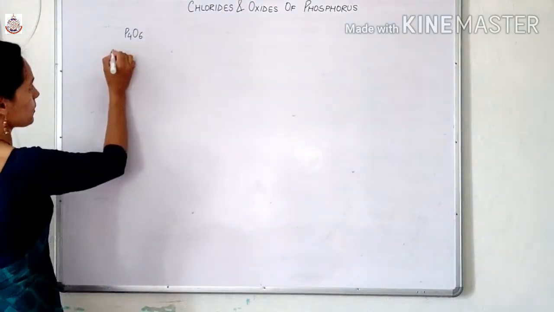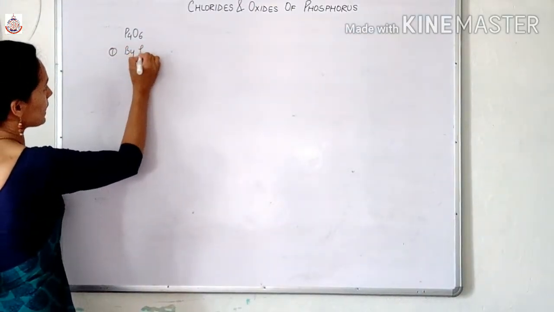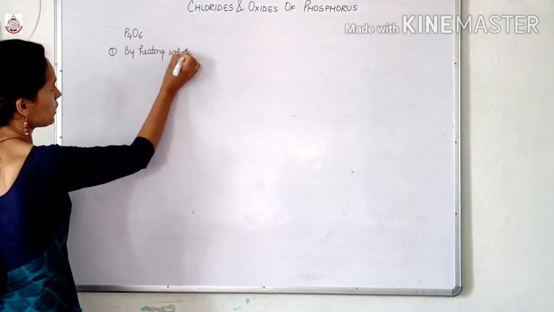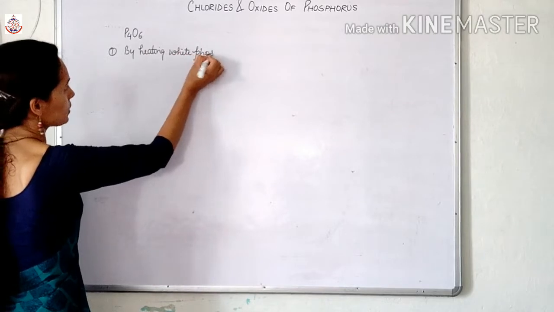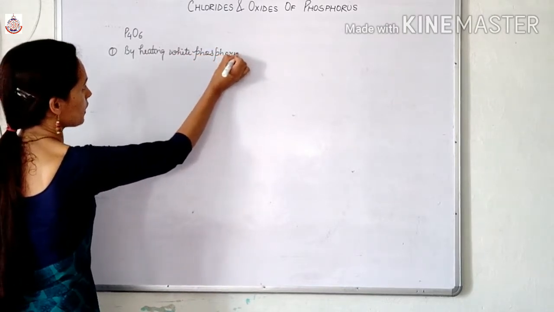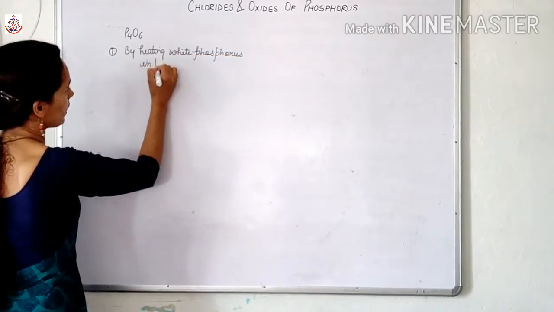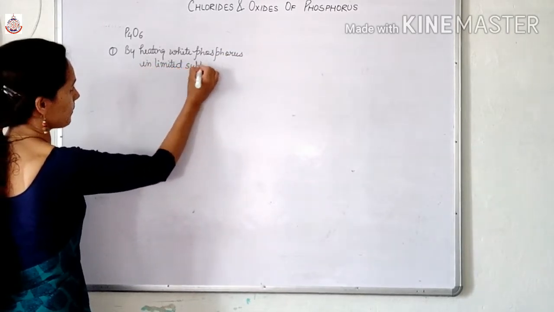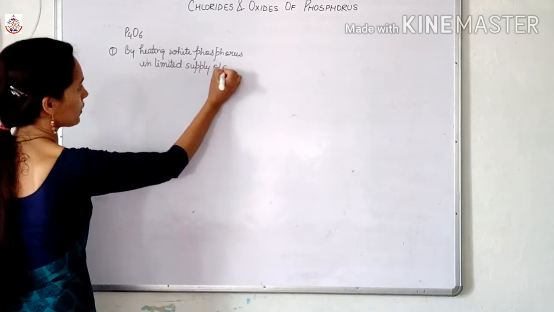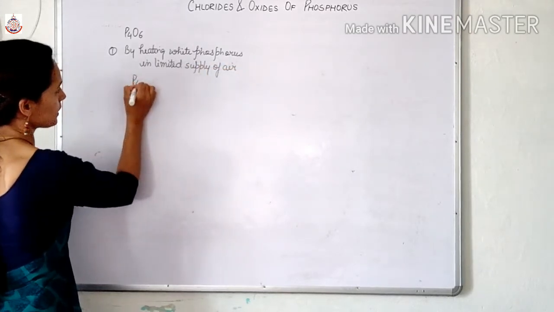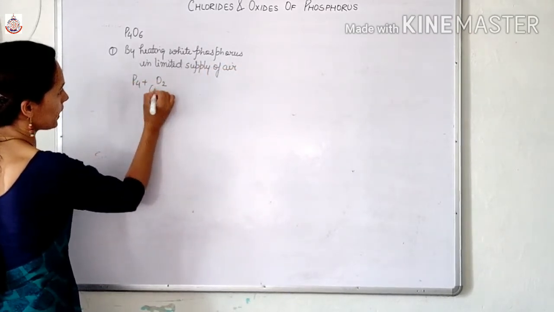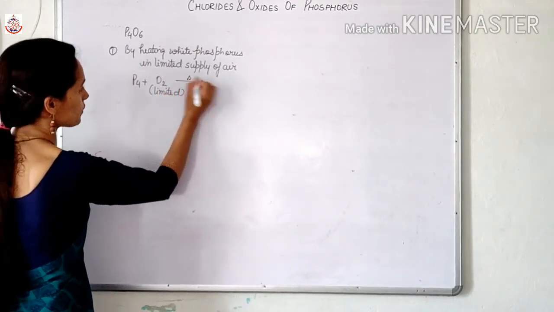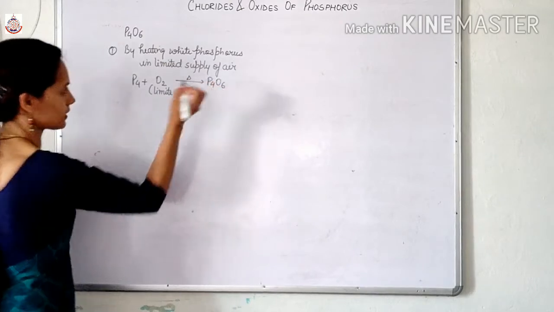So P4O6 preparation is by heating white phosphorus in a limited supply of air. So it becomes P4 plus O2. Here O2 is limited. On heating, we get P4O6.